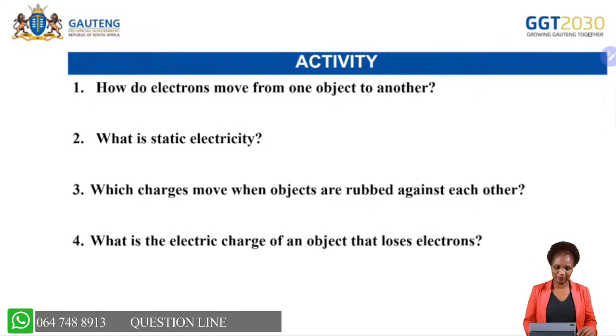Question number 3, which charges move when objects are rubbed against each other? When objects are rubbed against each other, which charges are transferred? And then question number 4 says, what is the electric charge of an object that loses electrons?